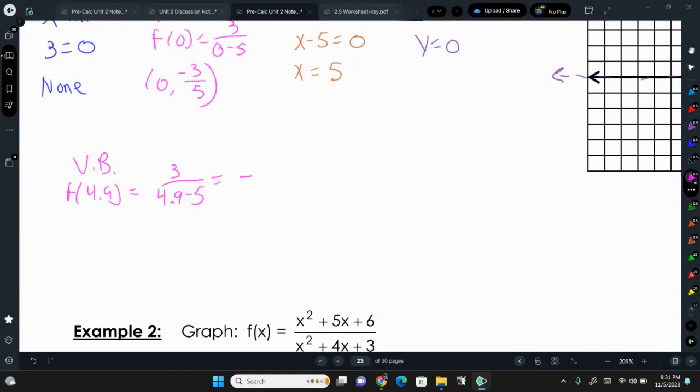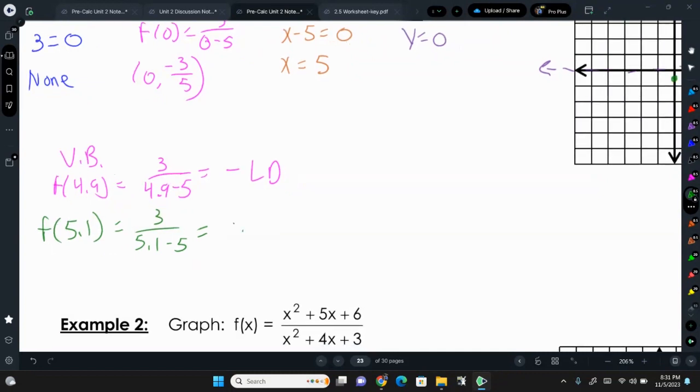So positive divided by negative is negative, so left is down. And then we'll do f of 5.1 equals 3 over 5.1 minus 5. Well, the numerator is positive. The denominator will be positive as well. So it's going to be positive, so right side up.